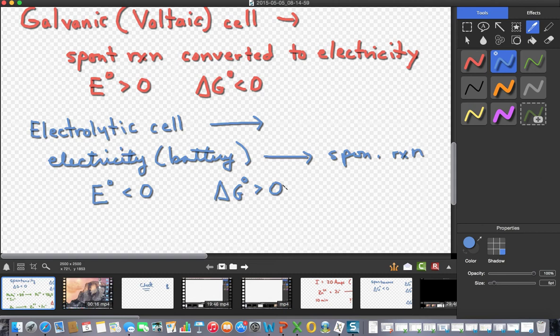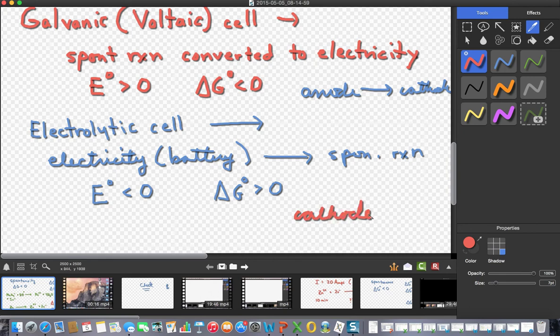Now, a couple of differences between these cells. One is going to be the way the current flows. In the galvanic cell, the current is going to flow from the anode to the cathode. So in a galvanic or voltaic cell, the current flows from the anode to the cathode. In the electrolytic cell, because of the presence of this battery, the current flows in the opposite direction.